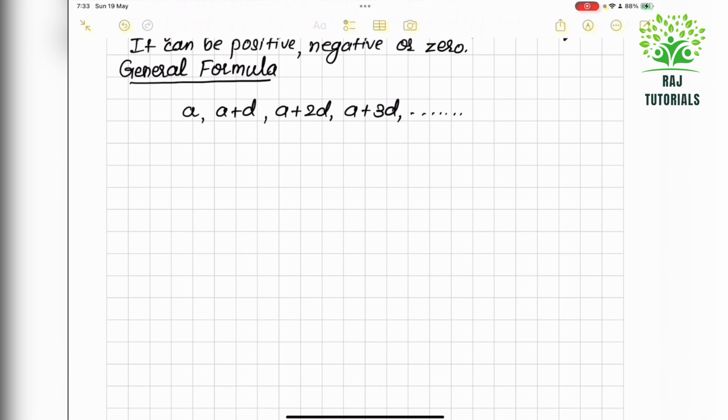So if they have asked me nth term, so nth term will be a plus n minus 1 d. See, why n minus 1? Because here the first term is only a, and from second term d is added in there.